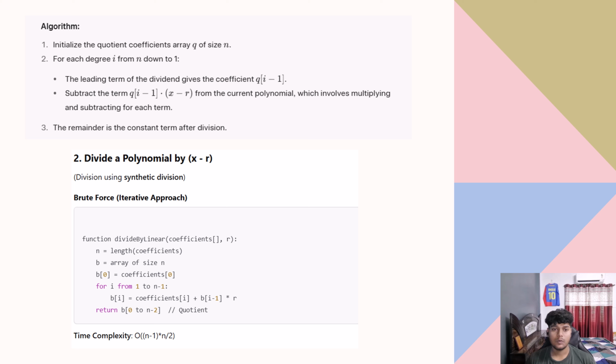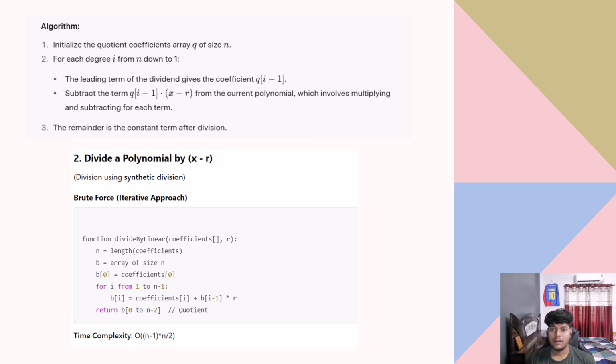Now the recursive approach, however, uses synthetic division, a much more efficient technique. Synthetic division reduces the problem to n - 1 multiplications and additions by leveraging the fact that we are dividing by a linear factor (x - r). The complexity here is O(n), which is linear.